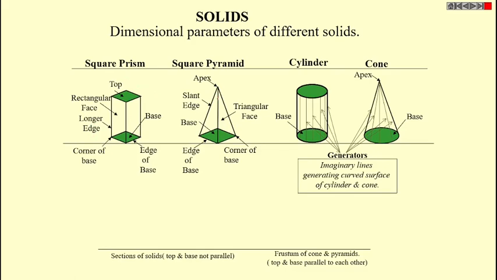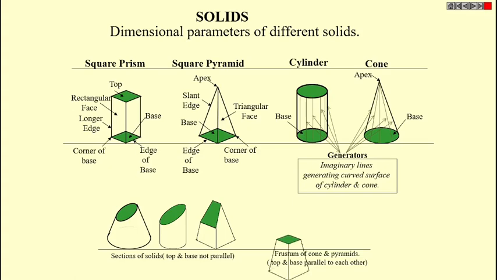Then in the case of a square pyramid, slant edges, apex, triangular face, base, etc. And in the case of cones and cylinders, there are generators, and those generators are the imaginary lines generating the curved surface of the cylinder and cone.